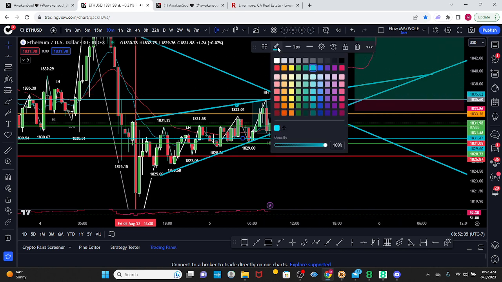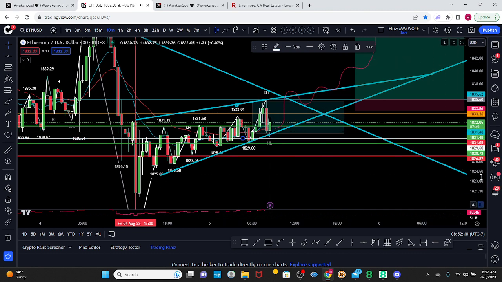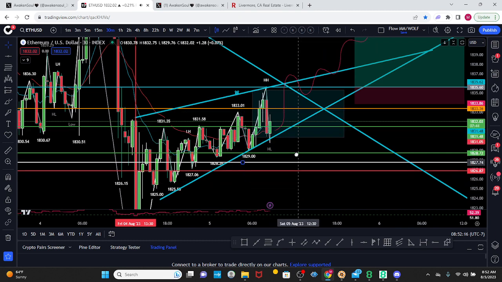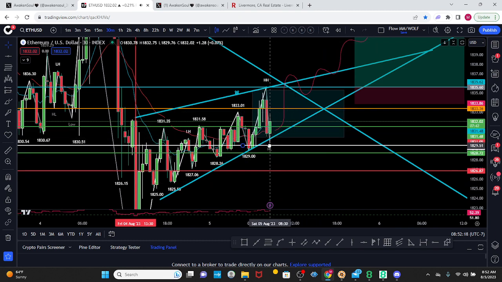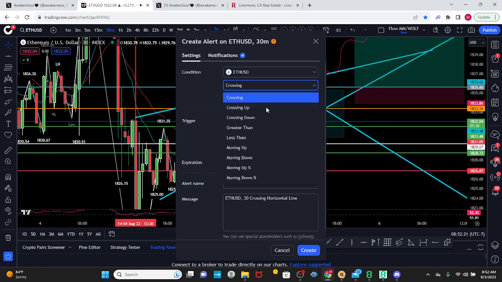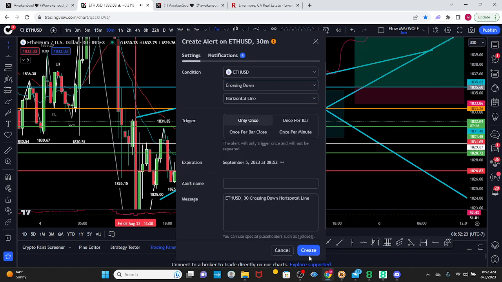Something's going on. You know, the alarms on TradingView or something else. So I'm going to set a new alarm. I think it was alarming me because it had worked already. So I'm going to put it a little bit lower. Let's see. Down.